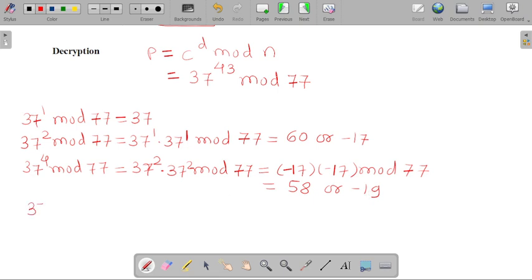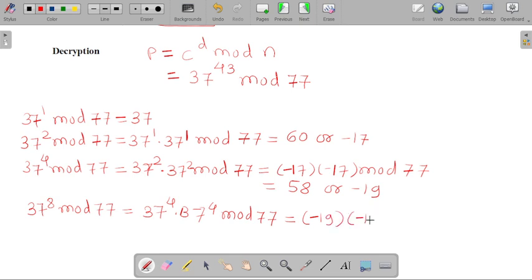Now we will calculate it for 37 raised to 8 mod 77. So it is nothing but 37 raised to 4 into 37 raised to 4 mod 77. So 37 raised to 4 is nothing but minus 19.